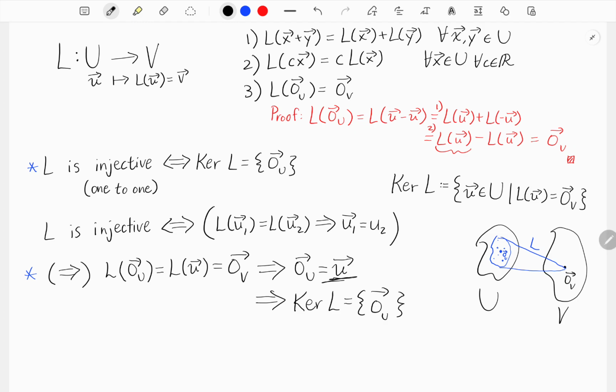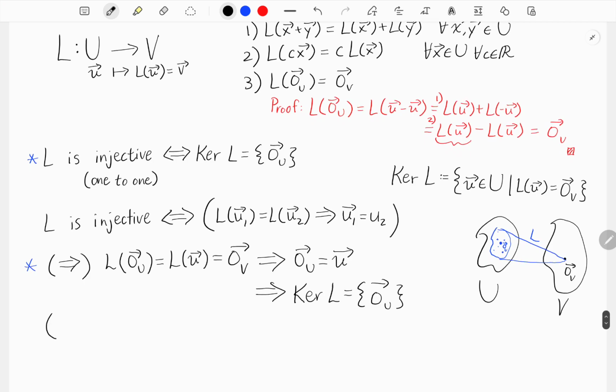If you have another element u in here, we get that this u is 0u, and in a set you don't repeat elements, so that's what you have.